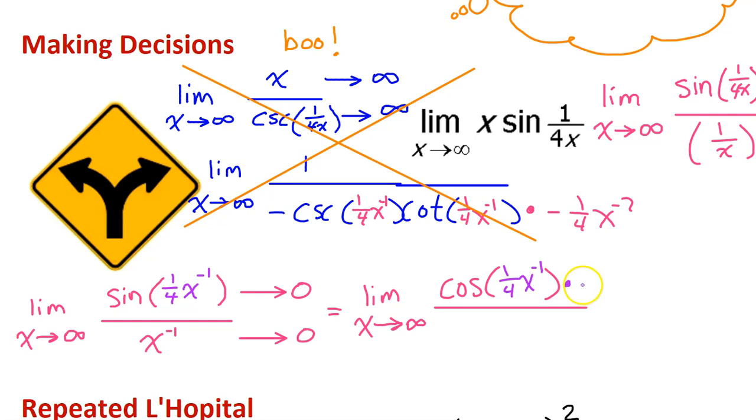So moving that negative to the front, we have negative 1/4 x to the negative 2 power. The derivative of x to the negative 1 power is negative x to the negative 2 power. But then we notice that we have this common factor of x to the negative 2 power in the numerator and in the denominator. In fact, they both have a negative. So this cancels out, leaving behind the 1/4, which I will put in the front.